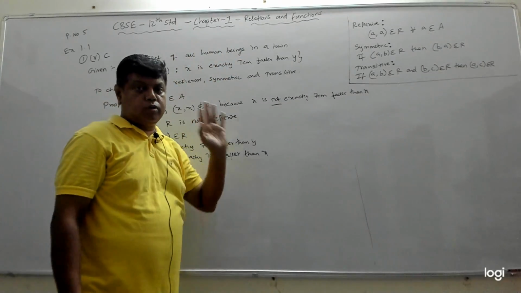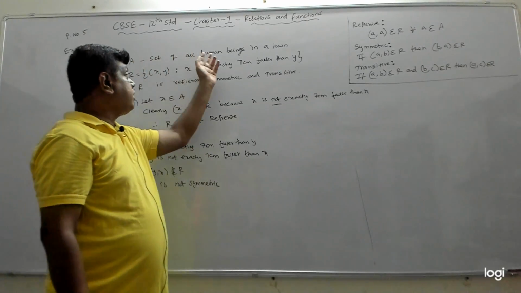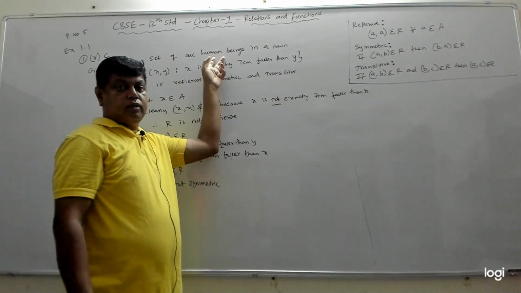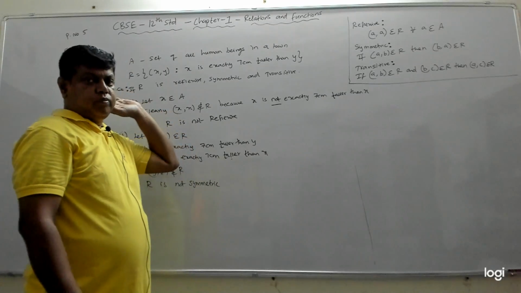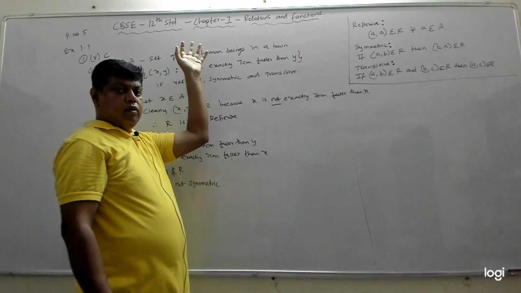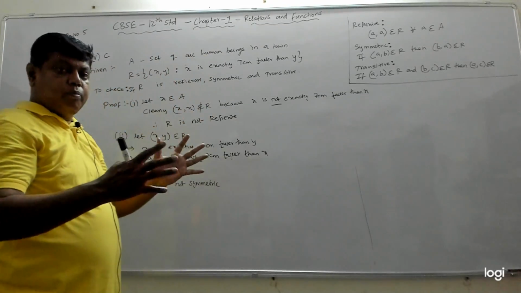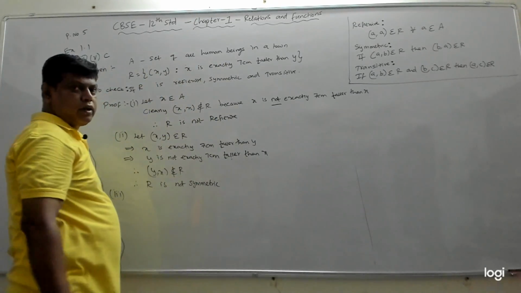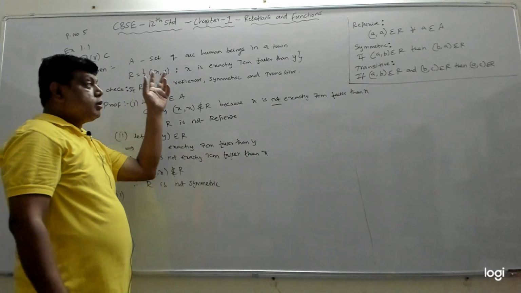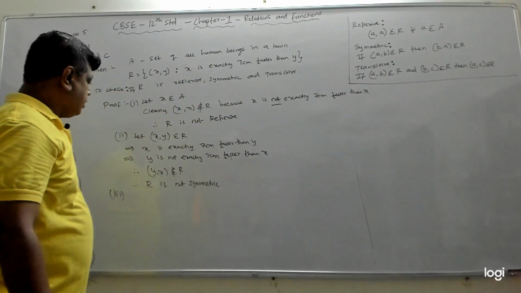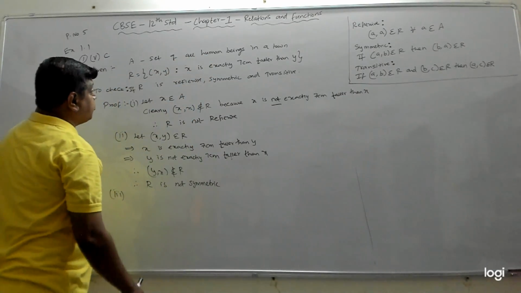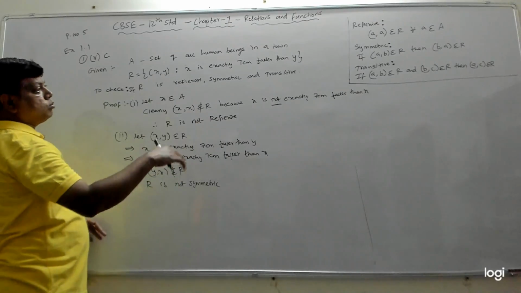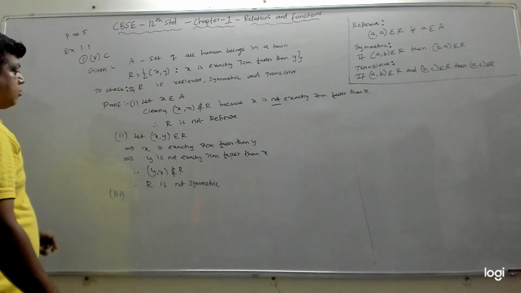We don't know who they are, because A itself is not given in roster form, and A is a big set. So we'll have to generally try to prove or disprove whether it is transitive, symmetric, or reflexive.